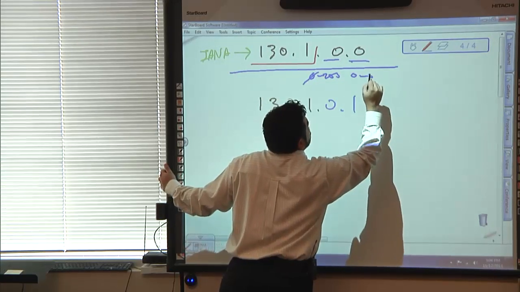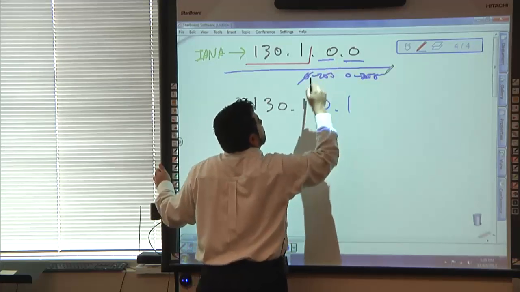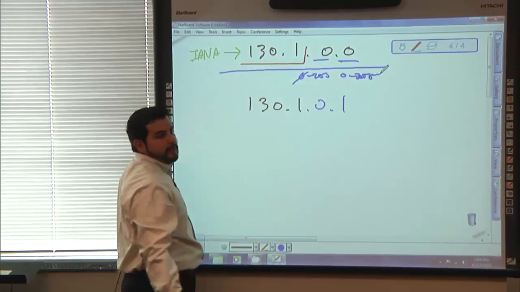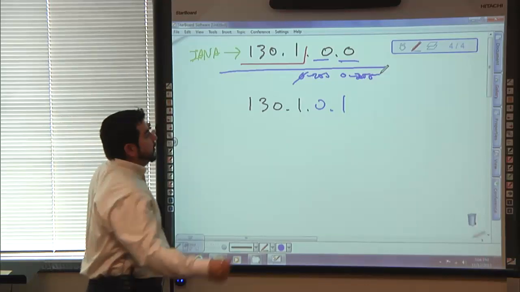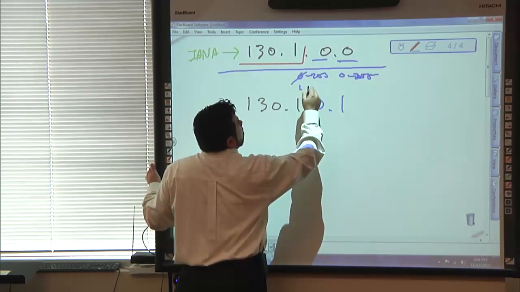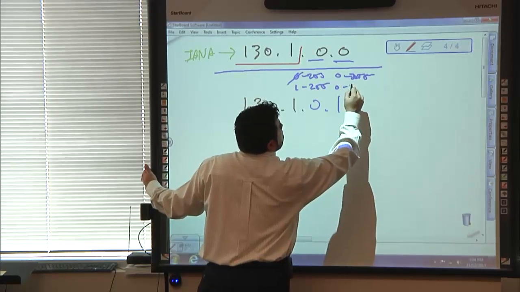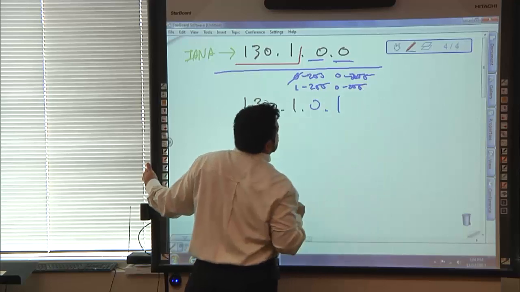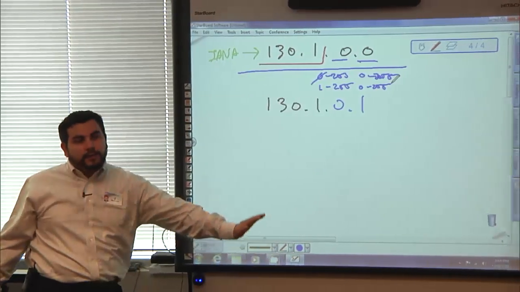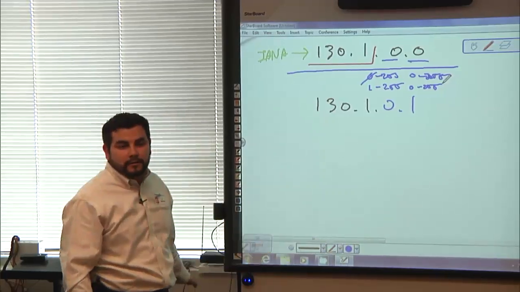You can use both of these ranges, except for 0 because 0.0 got assigned by the IANA. And then what's the other one you're going to lose? You're going to lose the very, very last one. Your very last IP address, which would be what?